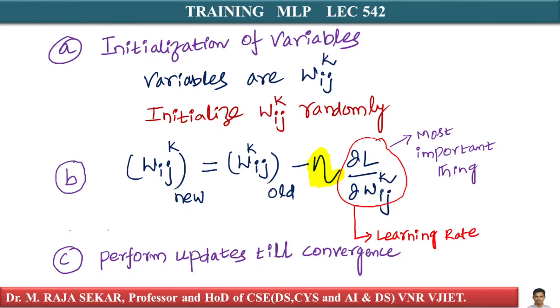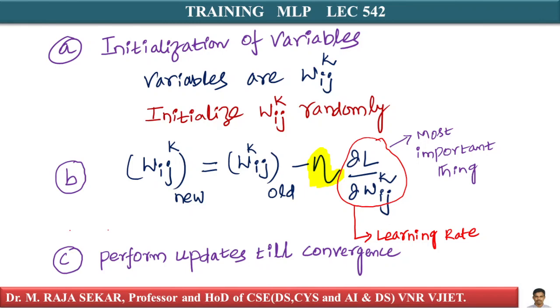You keep doing this till the difference between your old value and new value becomes extremely small, or in other words, eta into dou L by dou Wkij becomes 0. Convergence basically means your old value and new value are very close to each other.